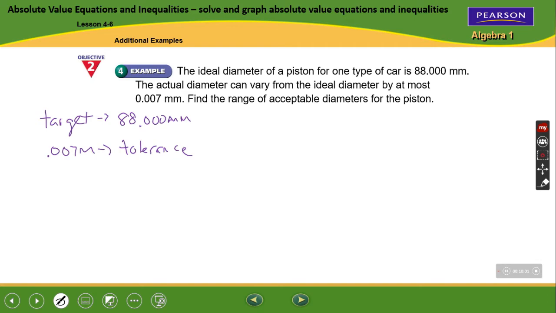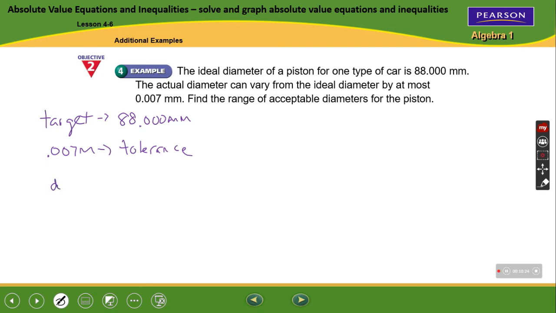It says find the range of acceptable diameters for the piston. So you could probably do this logically. You could probably think, okay, it's going to be 0.007 high and then 0.007 low. But typically what they want you to do is to write this as an absolute value inequality. It's just something to be a little bit more formal with your work and your presentation.